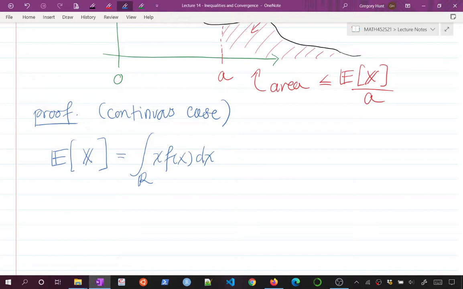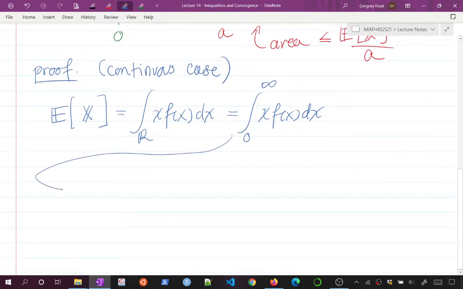We didn't have to worry about complicated conditional expectations of functions of statistics. Just the integral of x times f_x dx. And since my random variable has a positive support, instead of integrating over the whole real line, we only have to integrate over the support, which is just positive numbers, x f_x dx.